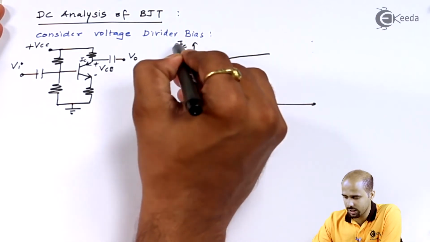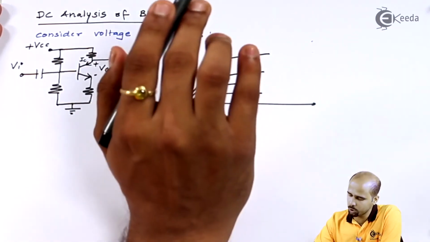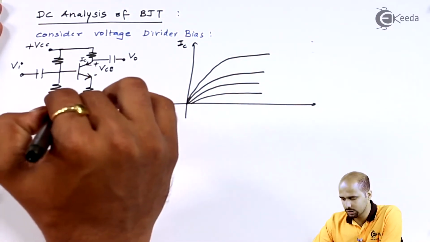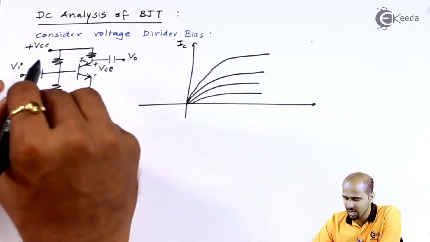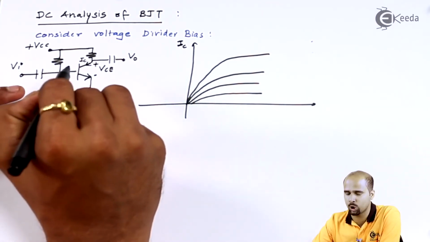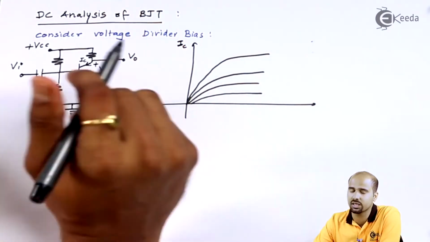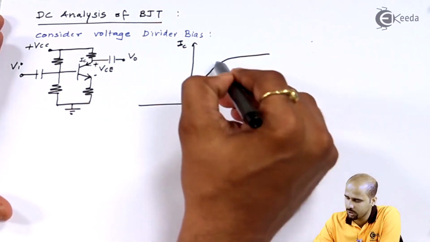I have shown the DC output current here because I have not yet connected the input to the circuit. Even though I have shown input voltage as AC and output voltage as AC, capacitors are connected. We will learn in detail how that capacitor can be converted into an open circuit. First of all, we will find out what your Q point will be.